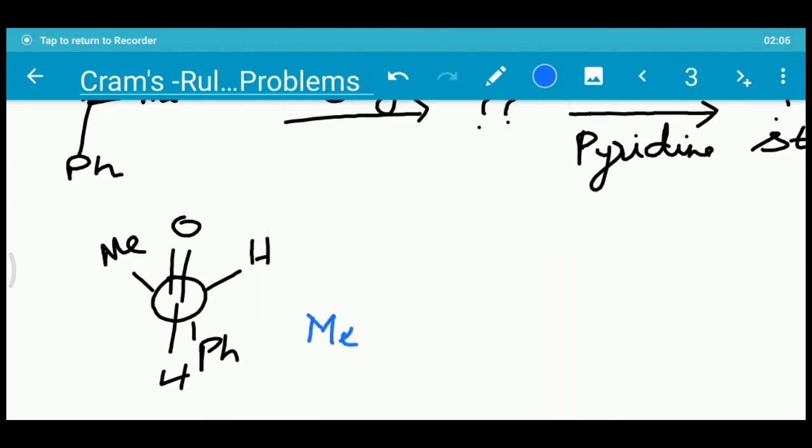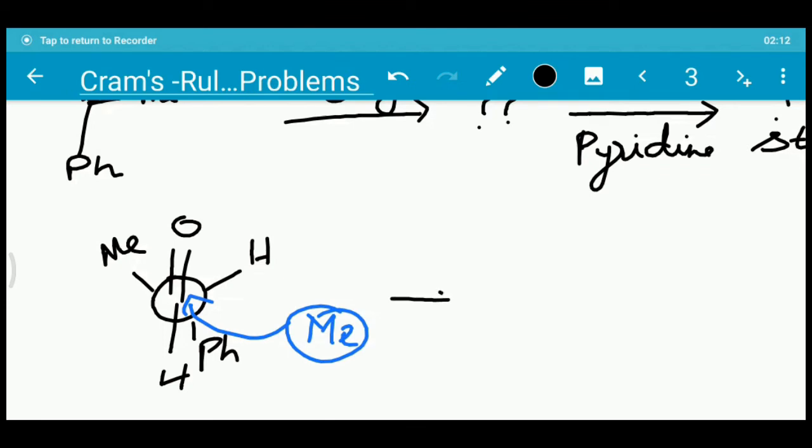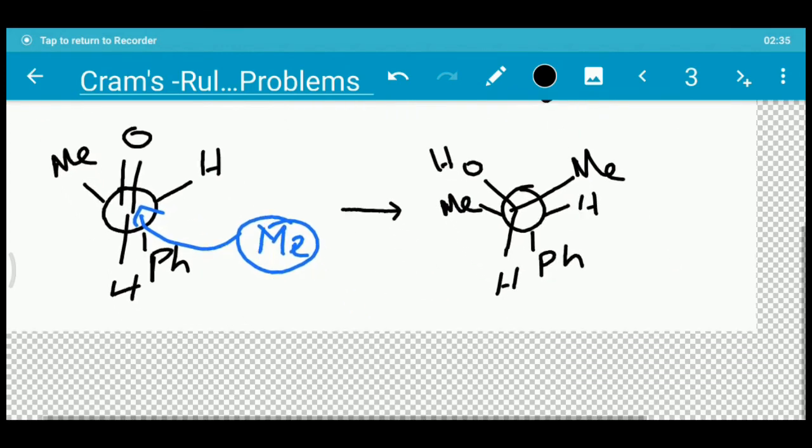So I will have my methyl group attacking. It will attack the carbonyl carbon, and I will end up with this molecule. I will have my OH here, my methyl here, my hydrogen here. Here I will have my methyl, my hydrogen, and my phenyl.